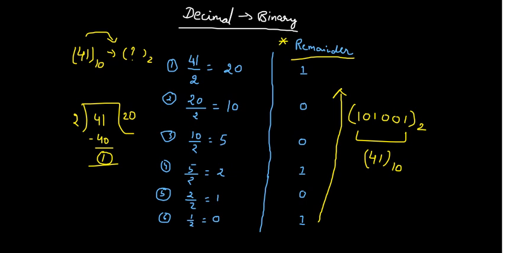And when taking the answer, you have to take it in reverse form. Like we started with 1, then 0, then 1, then 0, then 0, and then finally 1. That we need to understand. So this is the decimal to binary conversion, but surely there is the fraction part too. So let's learn the fraction part.